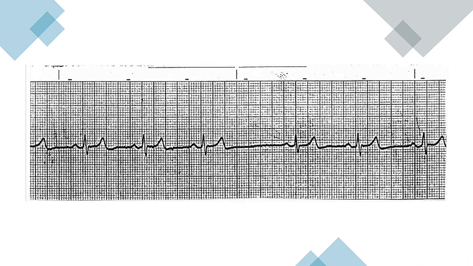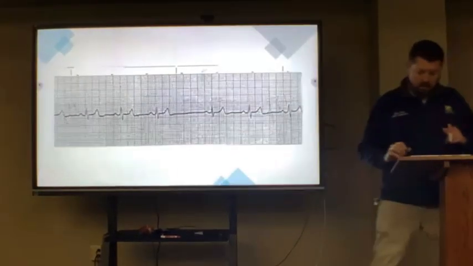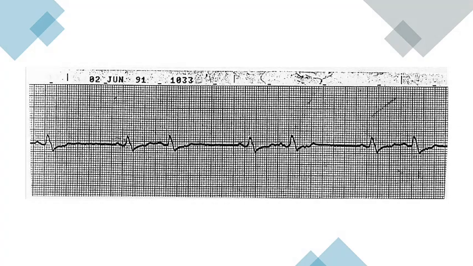Now, this one right here, I would really need to see the patient. I guess the time between these two is pretty significant, but I would need to see the patient because this could just be a sinus dysrhythmia. And the same thing here, but this one's following more of a pattern.